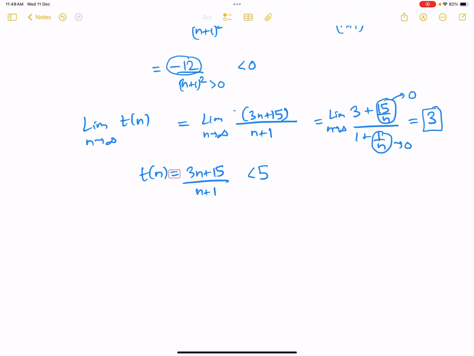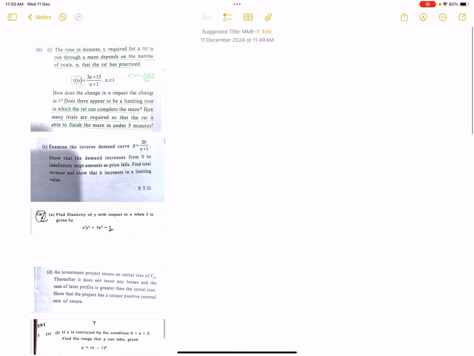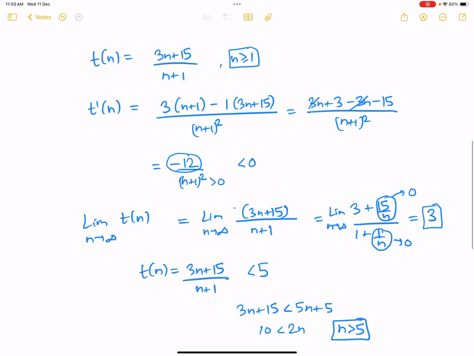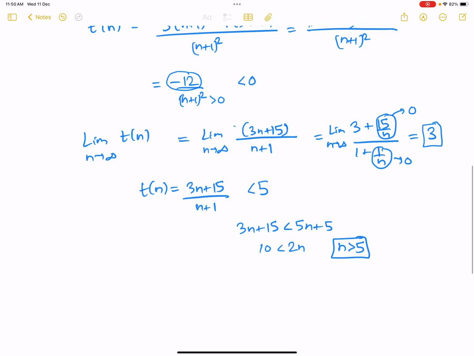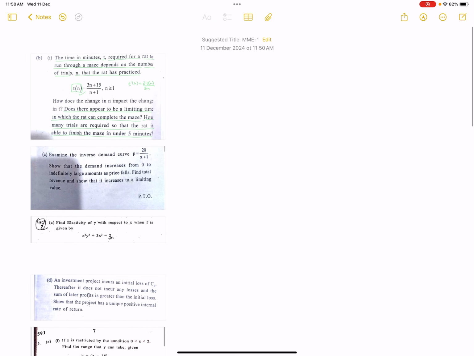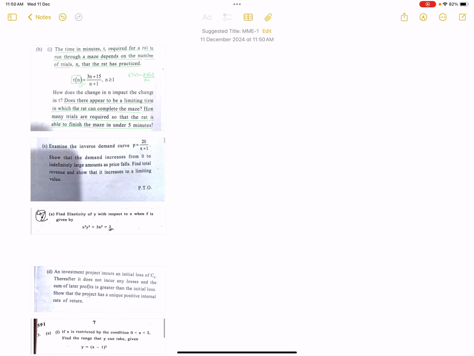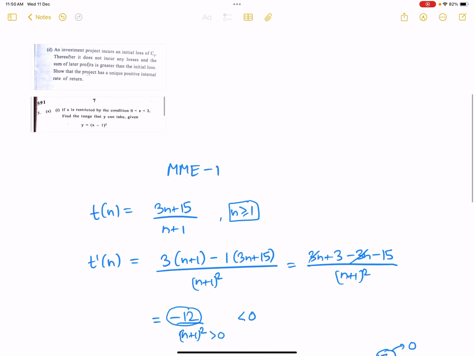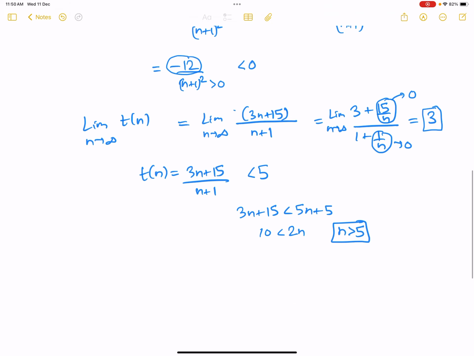Solving this, we have 3n plus 15 should be less than 5n plus 5. So n should be greater than 5. So if the number of trials he is making is greater than 5, he would be able to run through the maze in under 5 minutes.